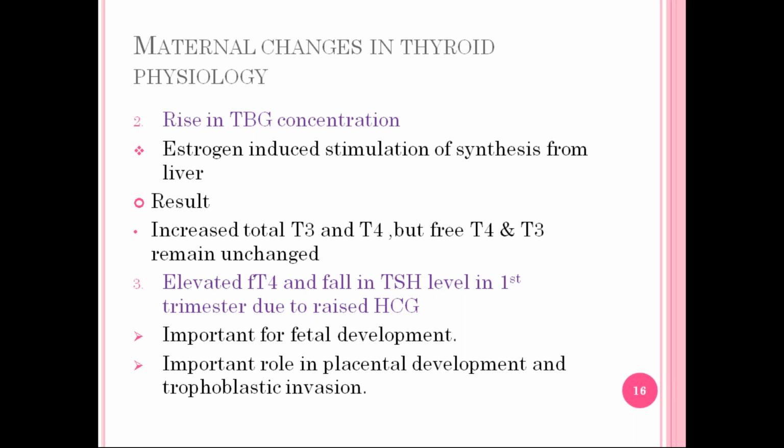But in pregnancy, though TBG is increased, HCG is also raised, because HCG peaks at about 10 weeks. The alpha subunit of HCG is similar to that of TSH. It passes through the placenta into the maternal circulation and goes to the maternal thyroid gland to stimulate it, and the free T4 is increased.